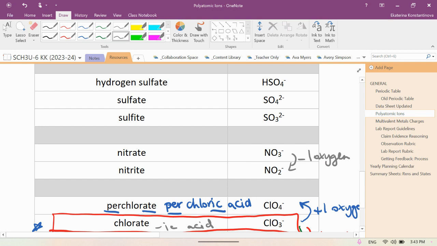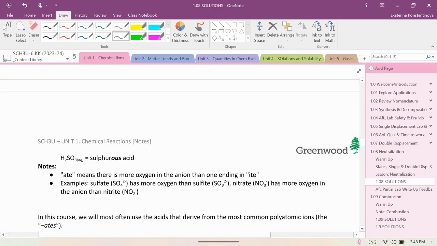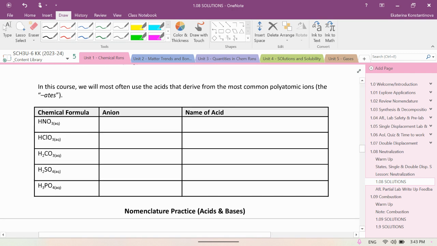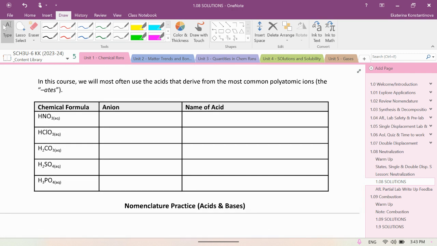Okay, so as you are working away on your practice, first practice nomenclature of acids and bases. Check your answers. So for example, HNO3: what is my anion, my polyatomic? I call this nitrate. The name of my acid, because it has oxygen, is going to be nitric acid.